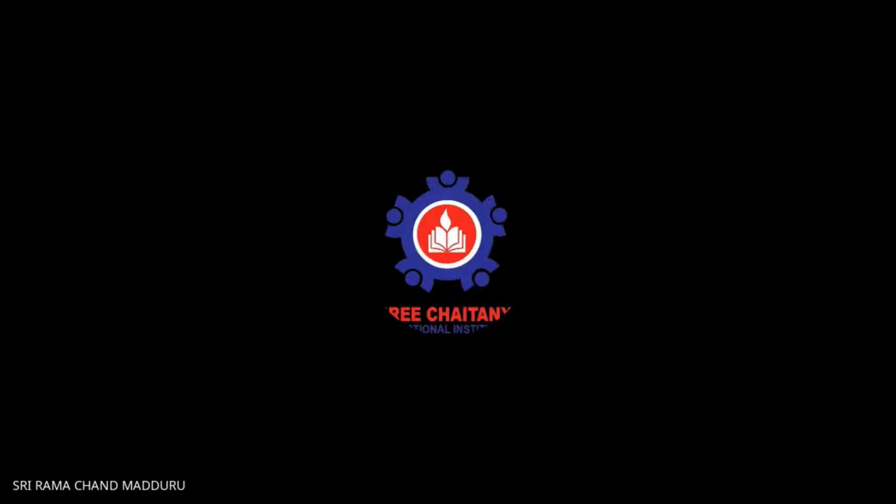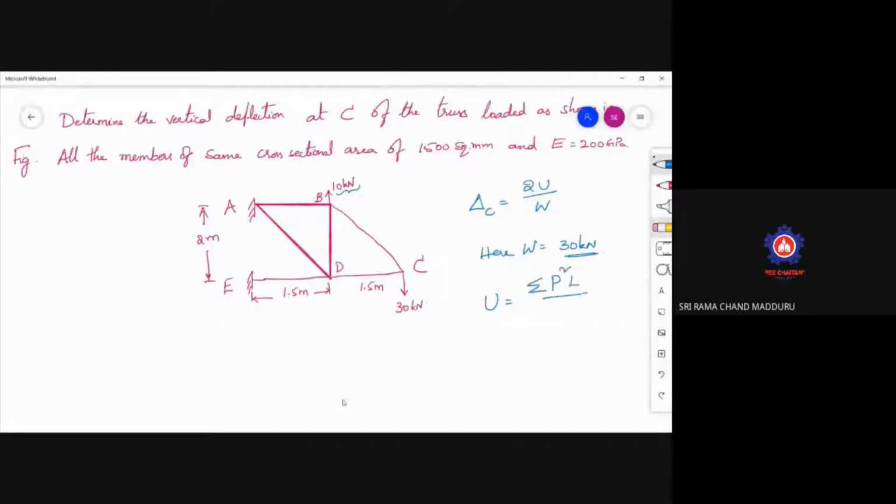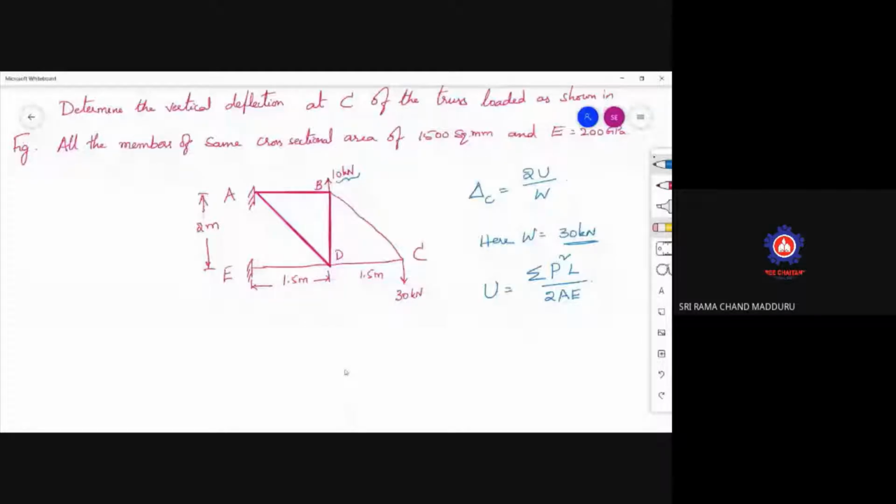So U is nothing but sigma P squared L by 2AE. Now this P is to be calculated corresponding to the forces of 30 kilonewtons as well as 10 kilonewtons.